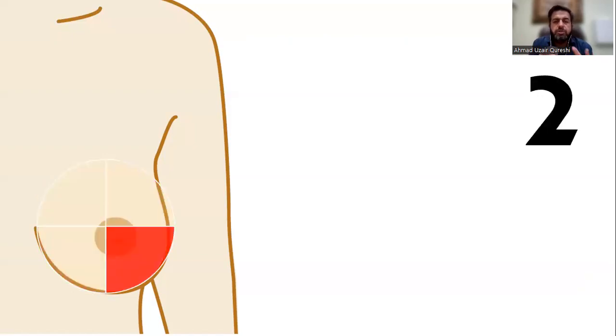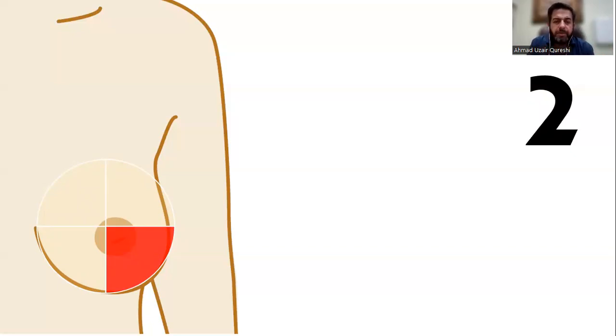You need to inspect for peau d'orange skin, any visible mass, any visible ulcer, scar marks, wounds, weeping ulcers, discharge, any abnormality, asymmetry. These four or five things you need to see again for all four quadrants one by one.